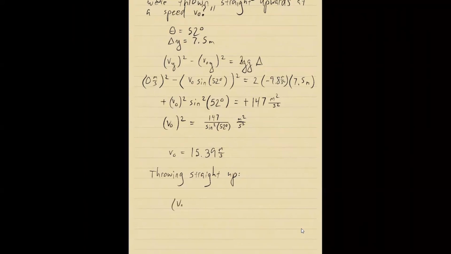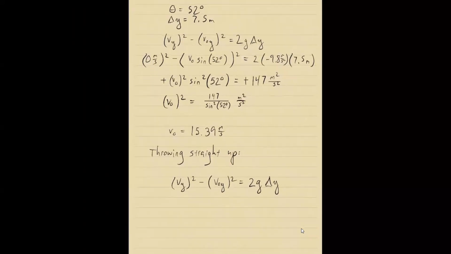It says that the velocity in the y direction squared minus our initial velocity in the y direction squared is equal to 2 times our acceleration times our displacement in the y direction.